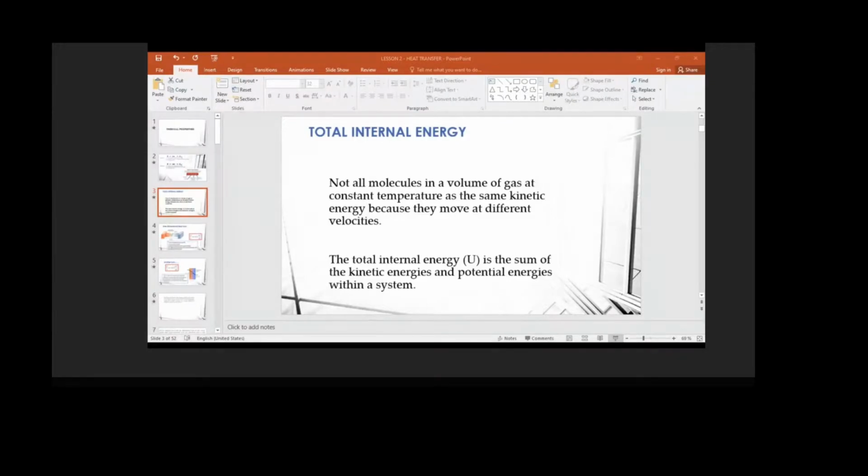In a straight line. In a straight line, but all right, more than just a straight line. What else? When they move in a straight line, what else in terms of direction?